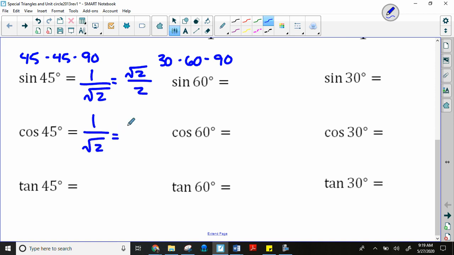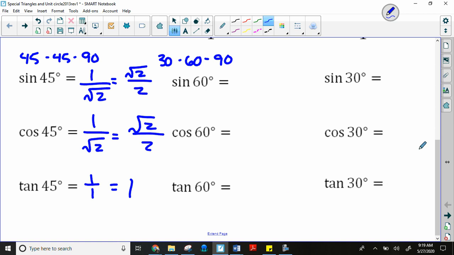Let's rationalize that: root 2 over 2. Tan is opposite over adjacent, which is 1. If you punch sine of 45 and cos of 45 into the calculator, they give you ugly decimal numbers. But tan of 45 is 1, because you were taking an opposite and an adjacent that were the same number, and when you divide them, they give you 1.